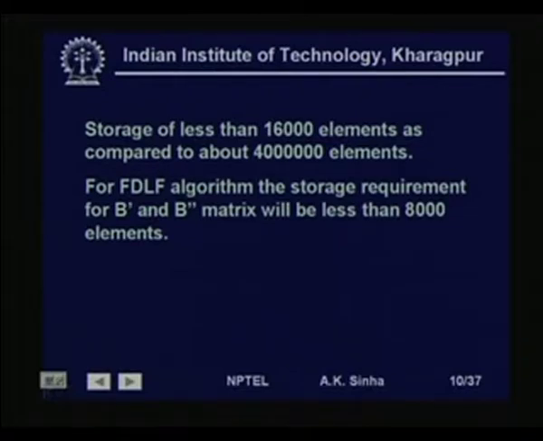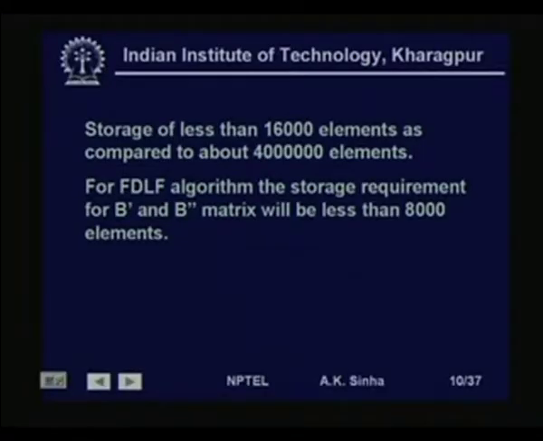For the fast decoupled algorithm, the storage requirement is even less, because we need only B dash and B double dash matrices, and the size of both these matrices is going to be 1000 by 1000 or less. For the PV buses, the B double dash matrix will not have any equations, therefore it will have a size of only 900 by 900 for a 100 PV bus system.